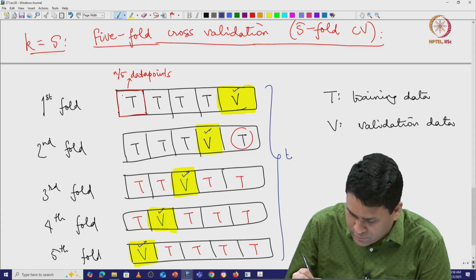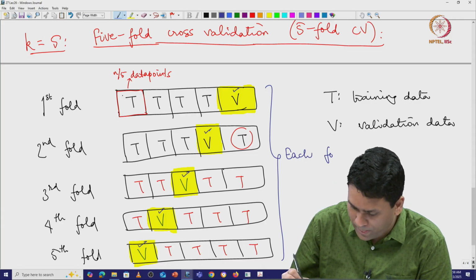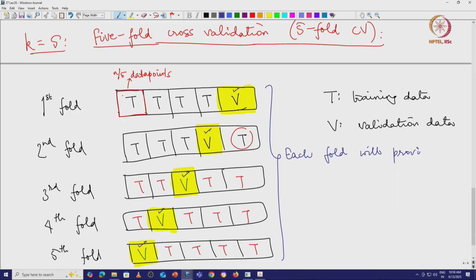So each fold will provide a different model performance, and it depends on you what you want to use as a metric of the model performance.